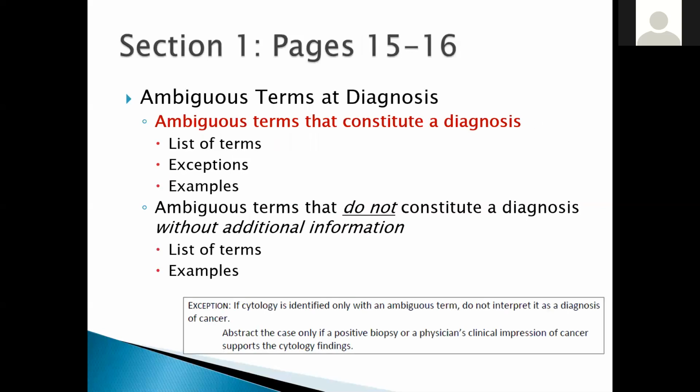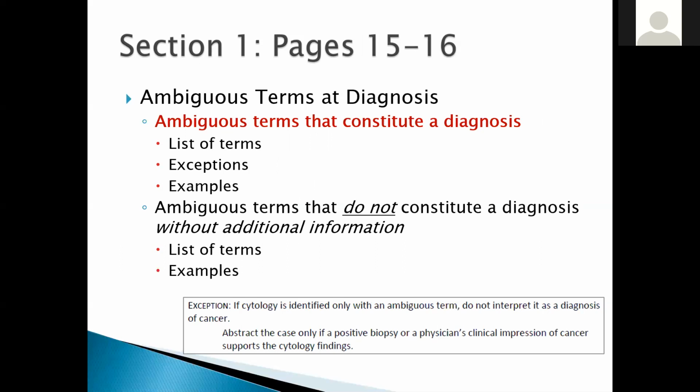Now pages 15 and 16 are going to be your best friends. All physicians use ambiguous terms at diagnosis. These two pages have a list of ambiguous terms that constitute a diagnosis and a list that do not constitute a diagnosis without additional information.